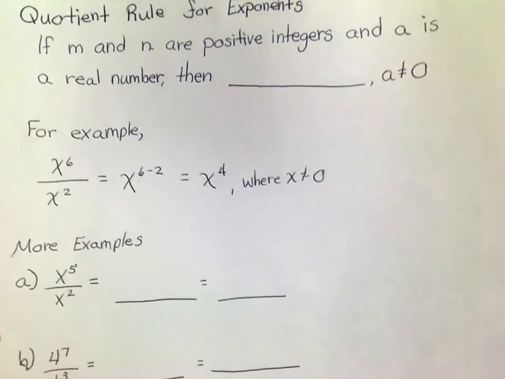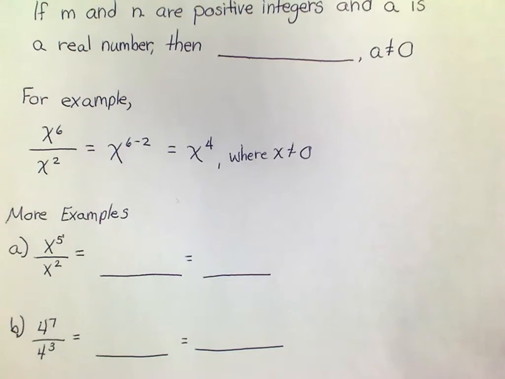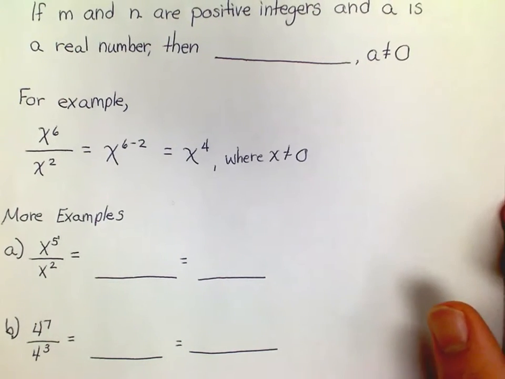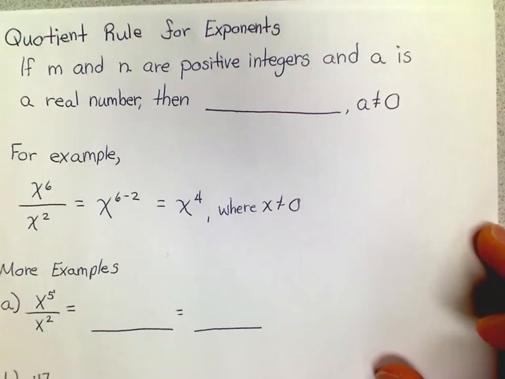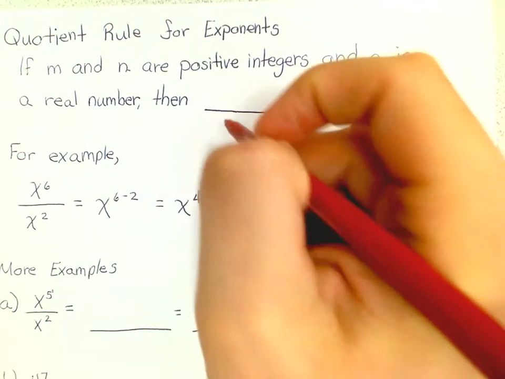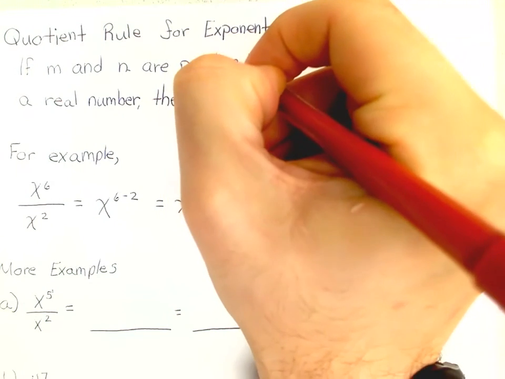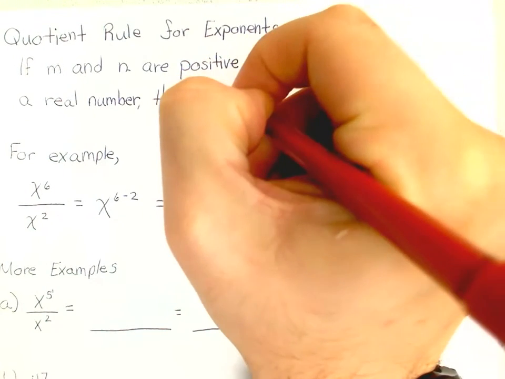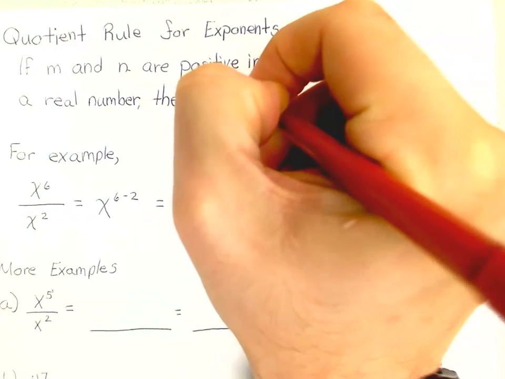Now, let's talk about the quotient rule for exponents. We're going to build on the rule we just learned. So, if m and n are positive integers and a is a real number, then, when a is not equal to 0, let's see what we have. a to the power of m divided by a to the power of n.